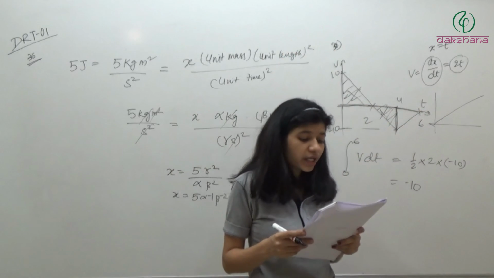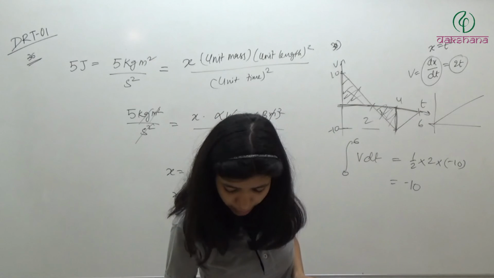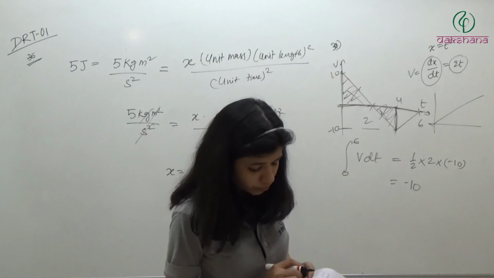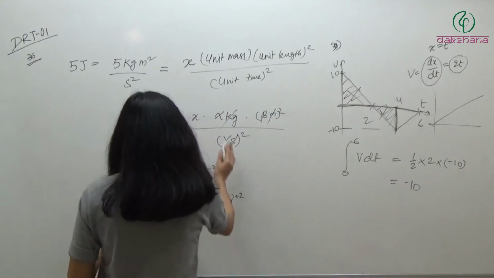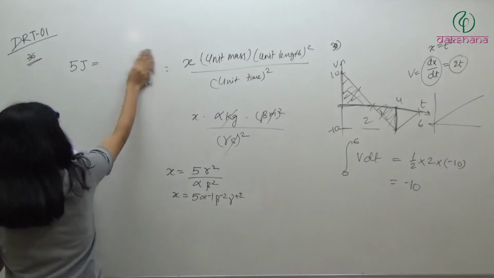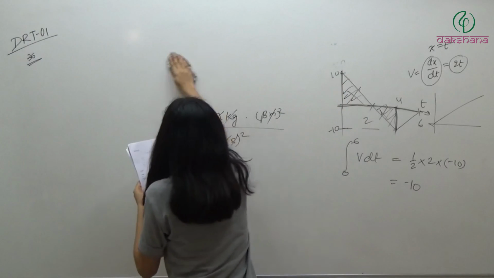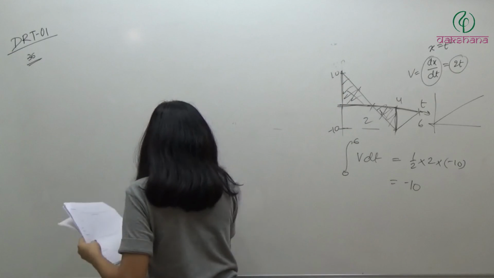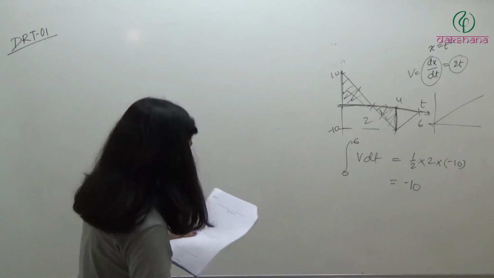Question number 39. If a particle is moving with velocity v is equal to 3t square minus 3t plus 1, then find the minimum possible velocity in meter per second. So v is equal to 3t square minus 3t plus 1. For minimum possible velocity we will differentiate it.